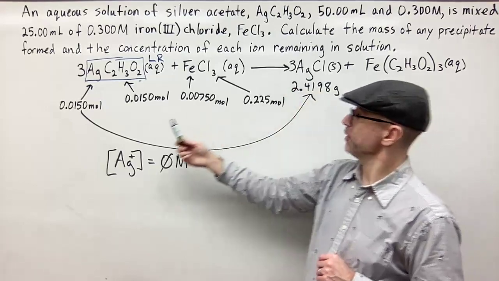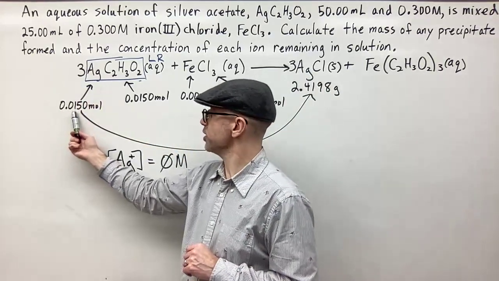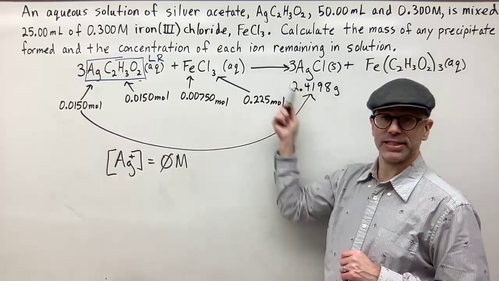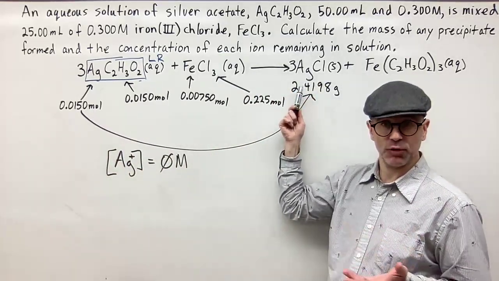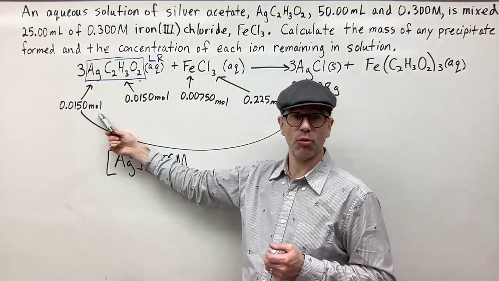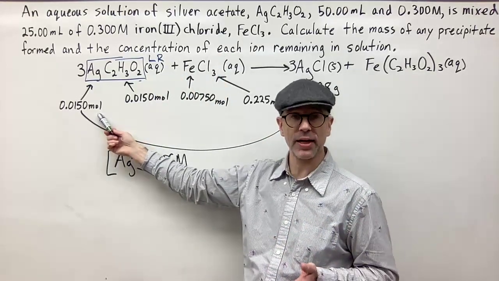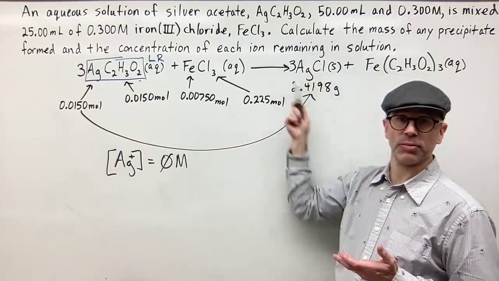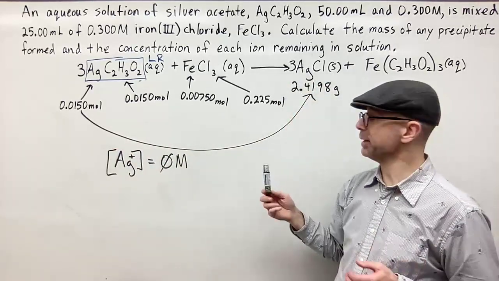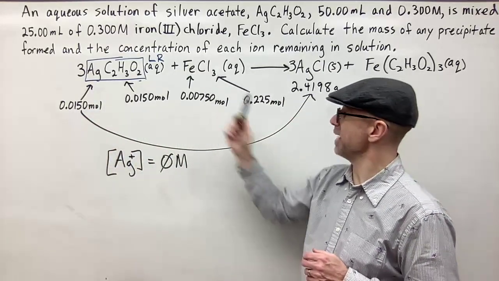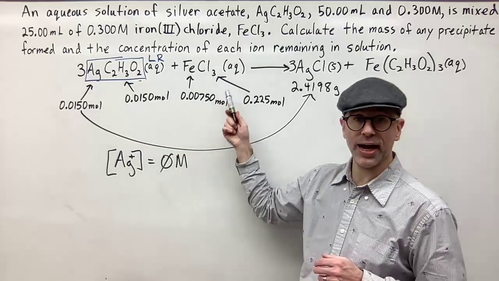So if I used 0.0150 moles in my silver chloride of the silver, then that means I needed an equal number of moles of the chloride ion to also bind with the silver to form the silver chloride. So if I use this amount, then I use that same amount of the chloride ion.